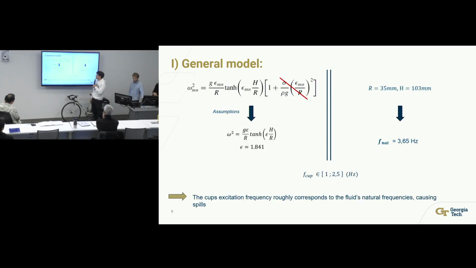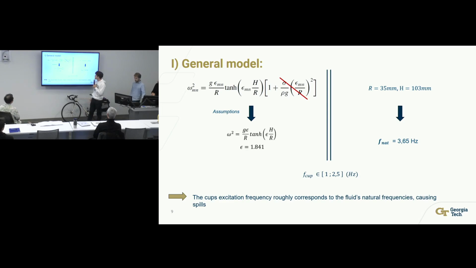Thanks to all this, in the study they calculated the equation of motion, and they solved the eigenvalue problem, which leads to this formula of the natural frequency that they found. Thanks to the assumptions we've made previously, they simplify it with this formula.